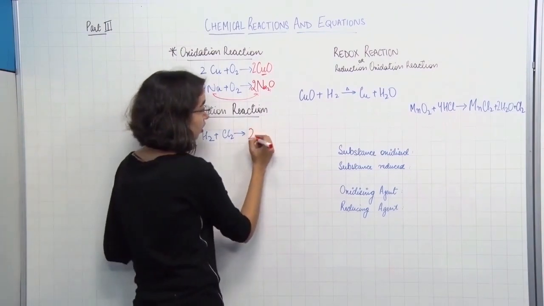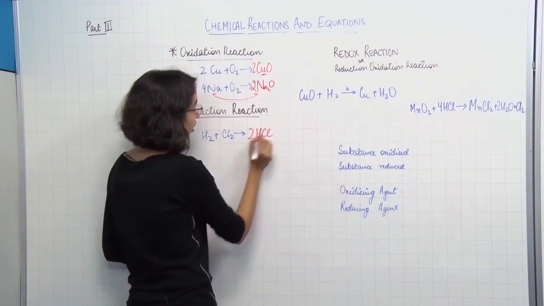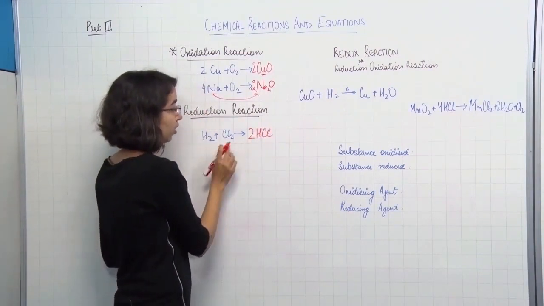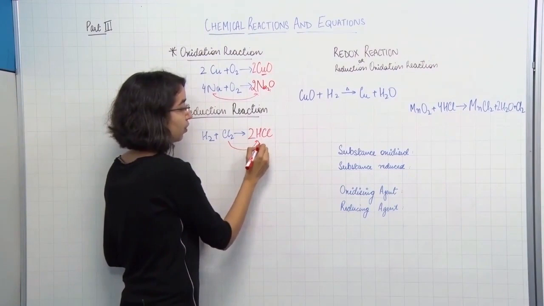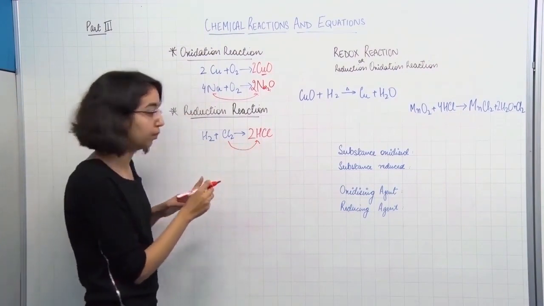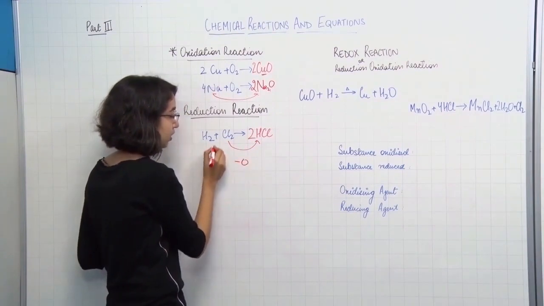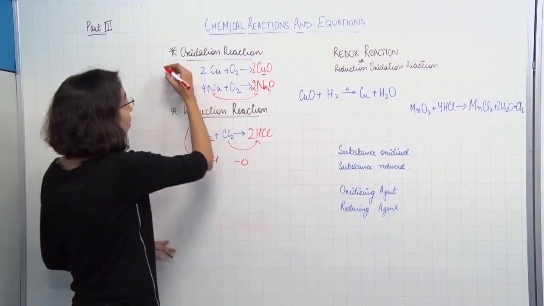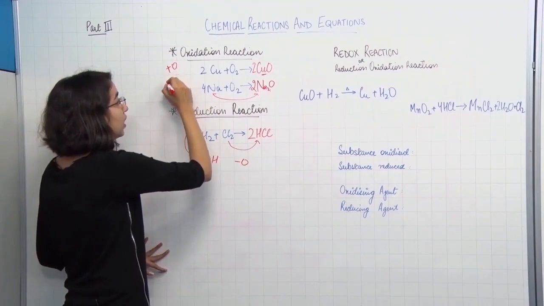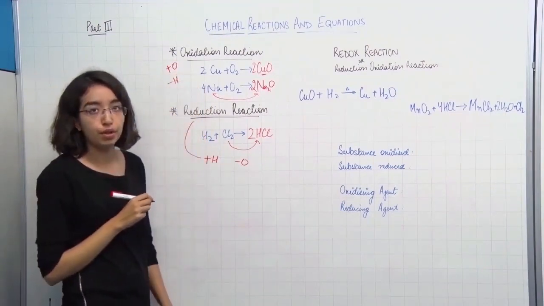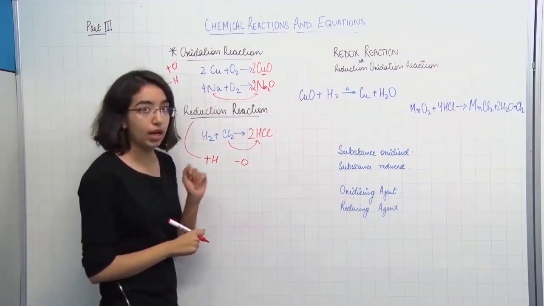For example, when hydrogen reacts with chlorine, the chlorine gets reduced because it has gained a hydrogen atom. So here hydrogen is gained and oxygen is lost in reduction, whereas in oxidation, oxygen is gained and hydrogen is lost. That is how you need to remember these reactions.